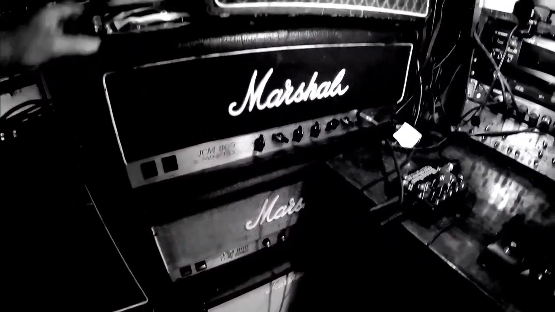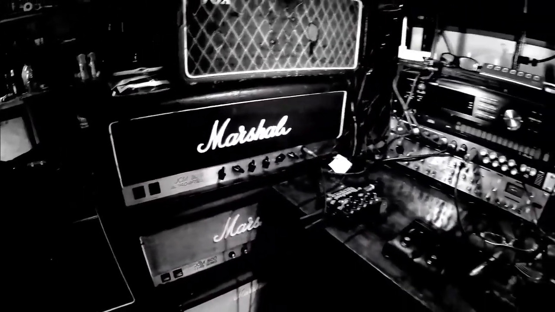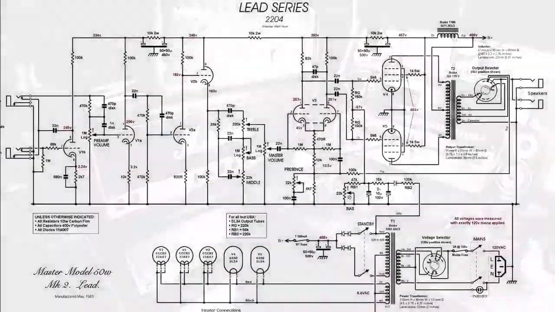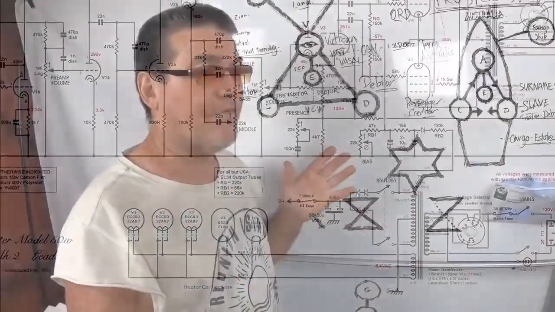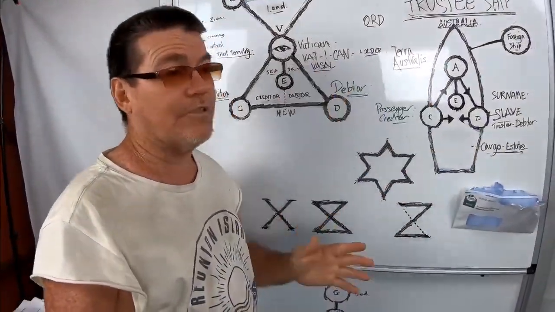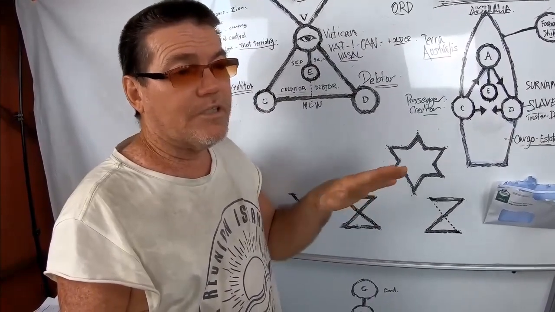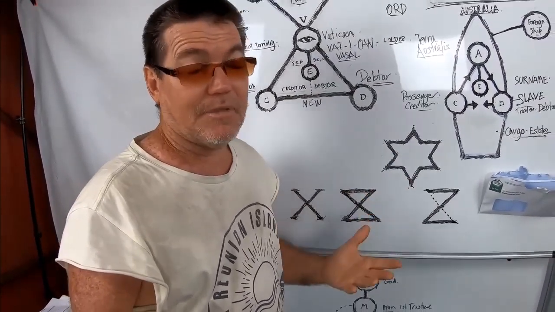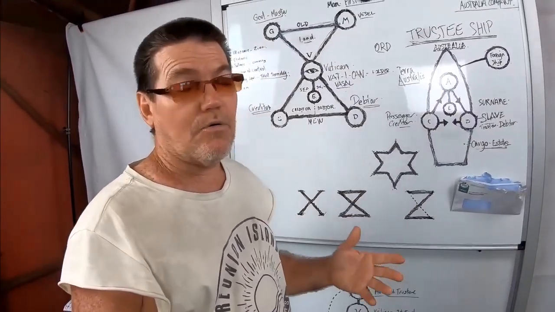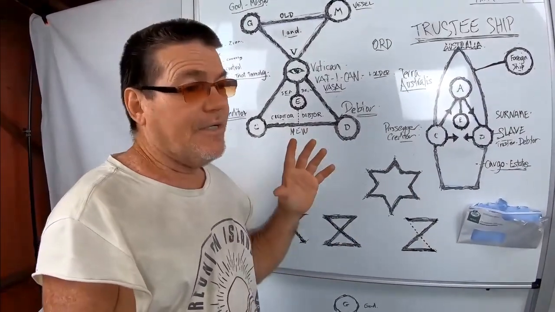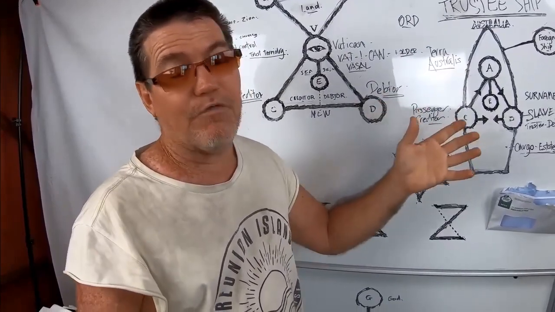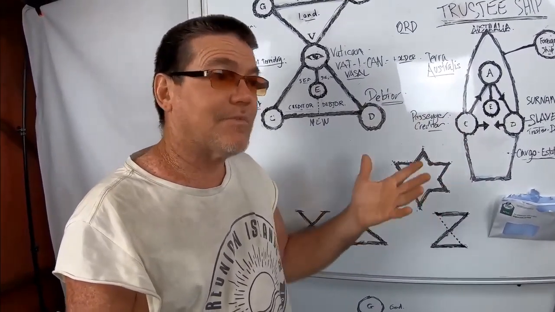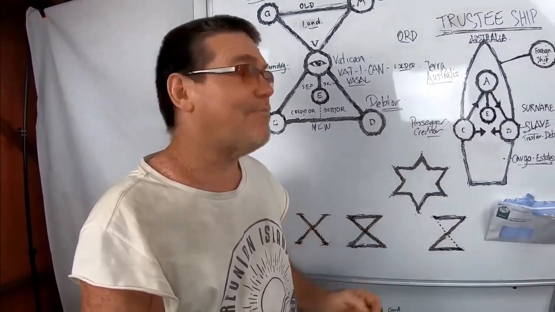And when something goes wrong with it, I take it to a technician and he pulls out the schematic, which is the plan of the direction or the flow of the electrons, in order to come up with a particular sound, a nice sounding amplifier.